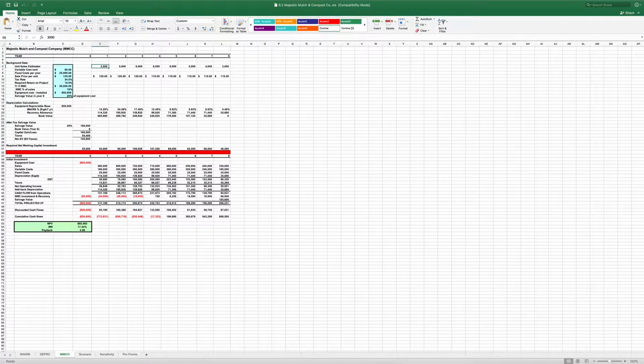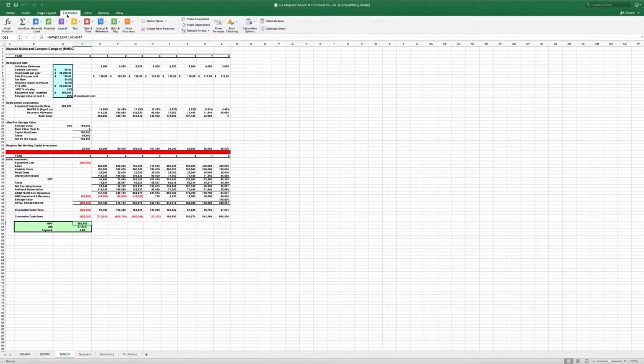Now, in order to look at the formula behind the cash flow part, for example, if we are looking at the net present value, you can highlight the cell of the net present value, then click the Formula tab and go to Trace Precedents.